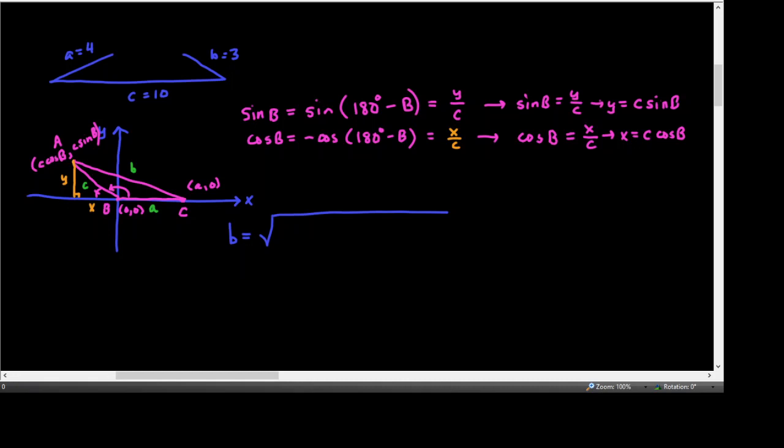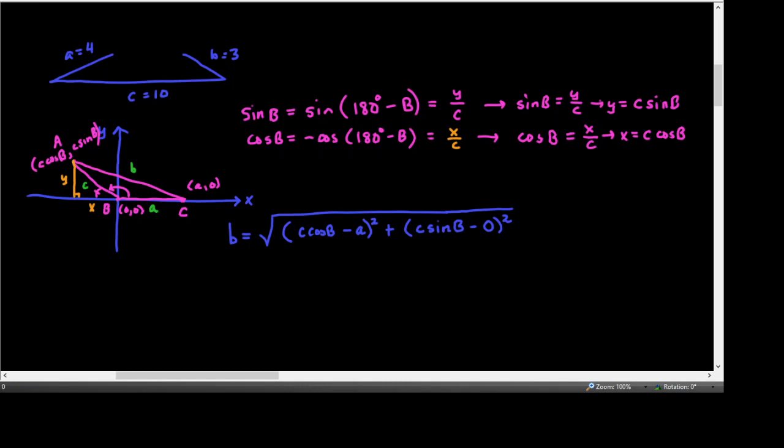So that's going to be x sub 2, which is c cosine B, minus x sub 1, which is a, quantity squared, plus y sub 2, which is c sine of B, minus y sub 1, which is 0, quantity squared. Make sure your vinculum goes all the way to the end of your radicand.